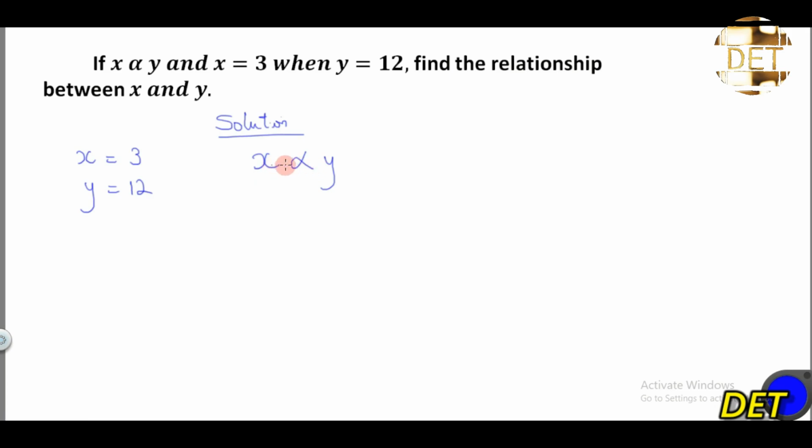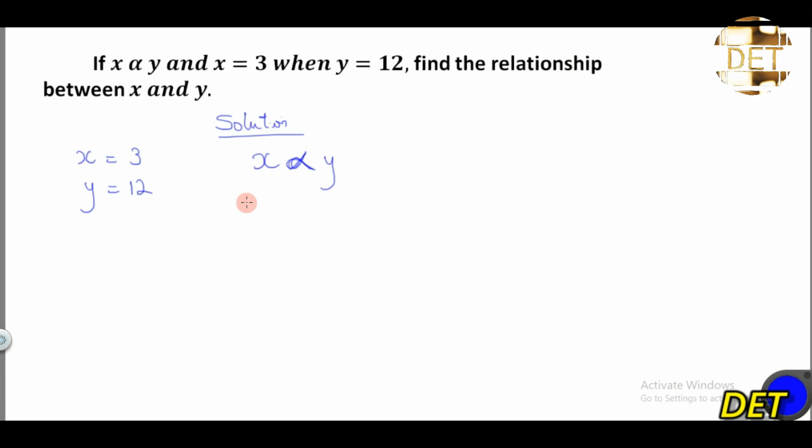So what I would want to do here is to remove this sign of proportionality, right? This sign is called the sign of proportionality. To remove it, I will have to bring in a constant.